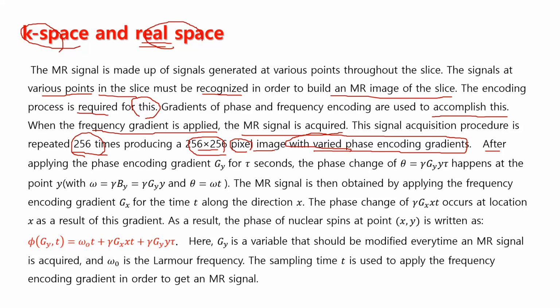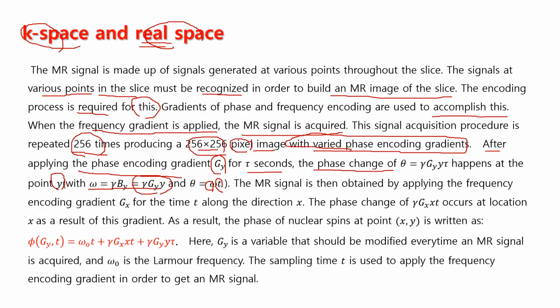After applying the phase encoding gradient Gy for tau seconds, the phase change of theta equals gamma Gy y tau happens at a point y. So the frequency is given by this one, and the phase is given by multiplying frequency by time.